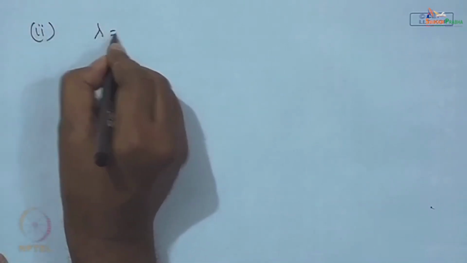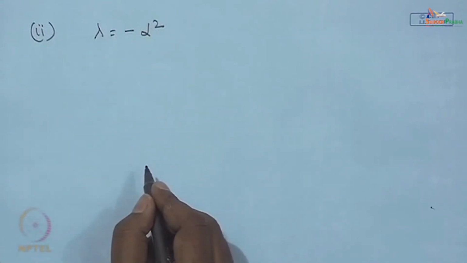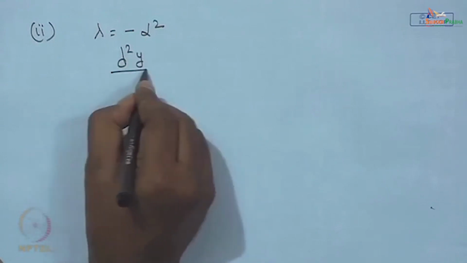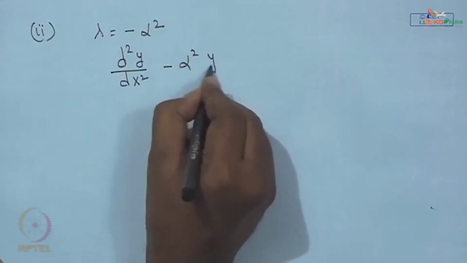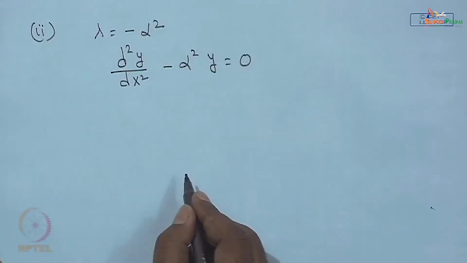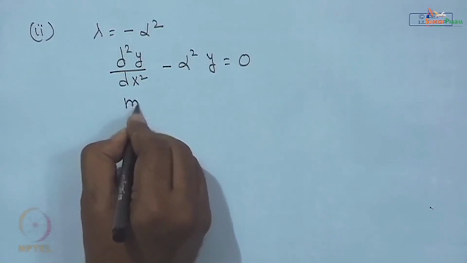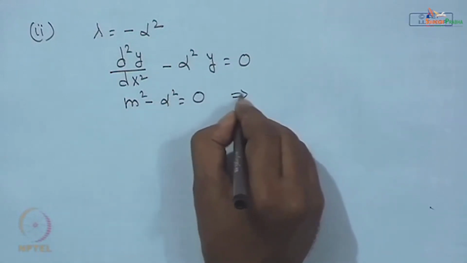So, case 2, lambda is minus alpha square and it is negative. So, our differential equation now becomes d square y by dx square minus alpha square y is equal to 0. If you remember, the form of the solution to this equation is e to the power m x, and m square is equal to alpha square, which is the characteristic equation.